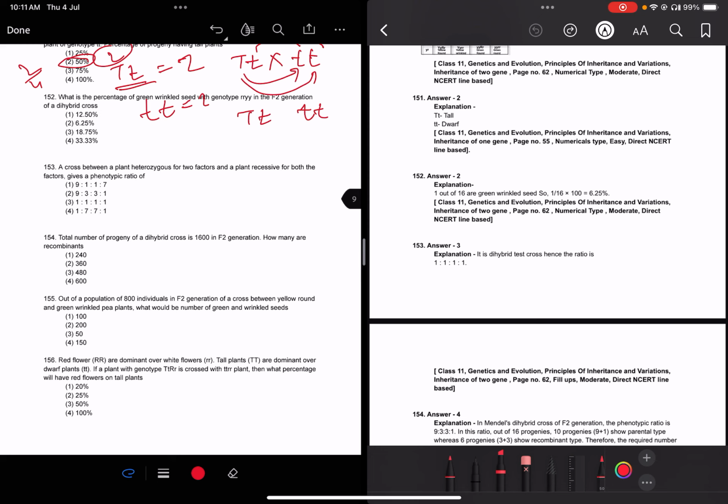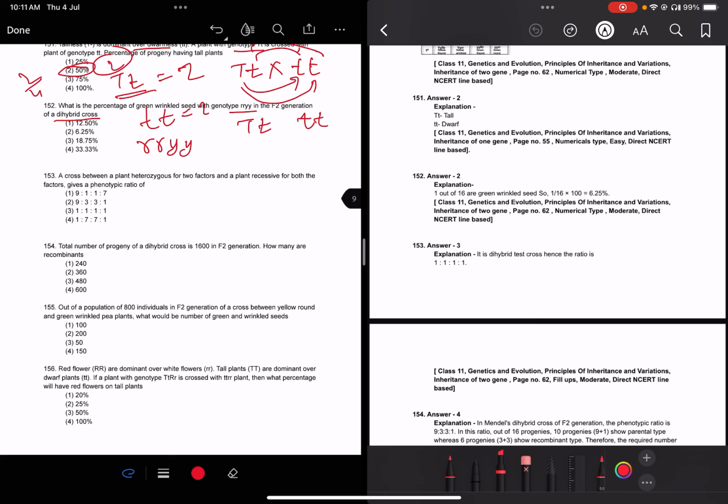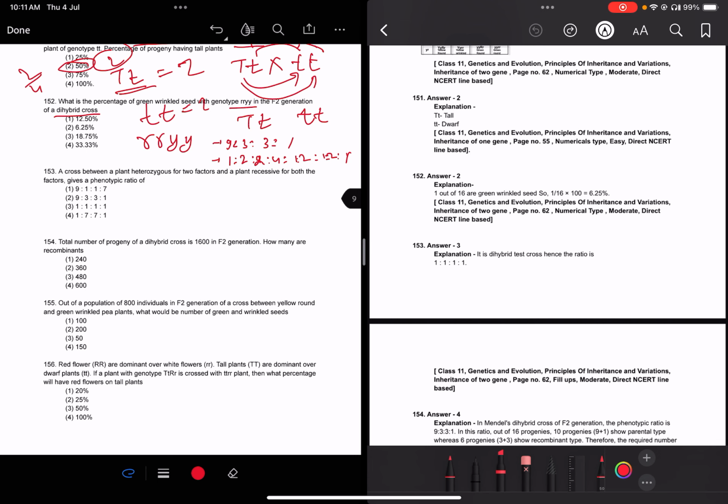Now see here also. What percentage of green wrinkled genotype rry in the F2 generation of a dihybrid cross? If you learn from the dihybrid cross, there is the Mendel dihybrid cross and the phenotypic ratio is 9:3:3:1, and the genotypic ratio is 1:2:2:4:1:2:1:2:1.